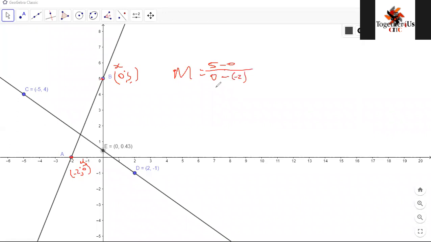That's why I end up with 5 over 2. But what really made me do this is to notice that there's no difference in sign between y and x, because we've got a 0 on one coordinate and a 0 on another coordinate. Because my gradient is positive, as the line goes this way, I just knew I had to have a positive. That theory you can always use.